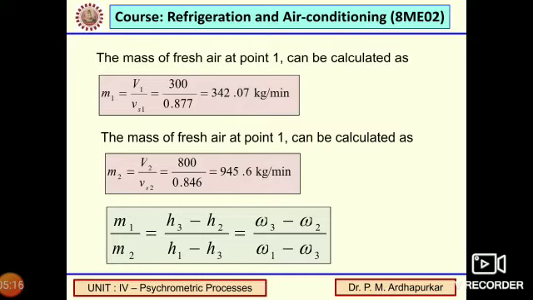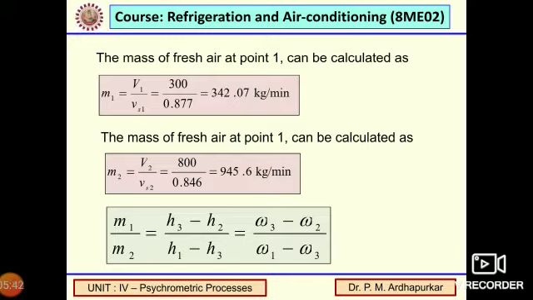So using the equation, if you look at this equation, the only unknown is H3, because you know m1, you know m2, you know H1 enthalpy and H2 enthalpy. Only unknown is H3. So once you calculate H3 from this equation, you can locate point 3 on a line joining 1 and 2.